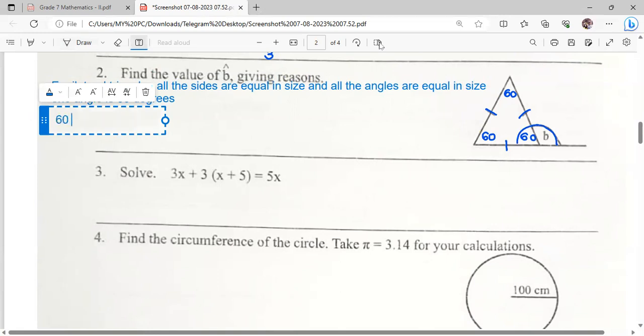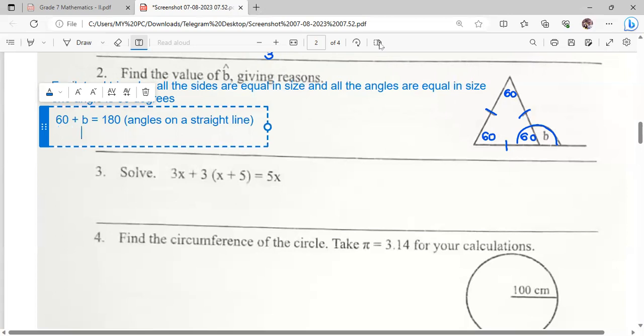So then you can say that the 60 and B is equal to 180. What is the reason? Angles on a straight line. That is the reason. So then what I do, I keep B on this side, and I send that 60 to the other side. So then my answer is B is equal to 120 degrees, right?